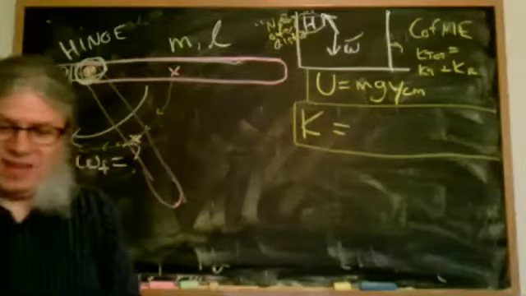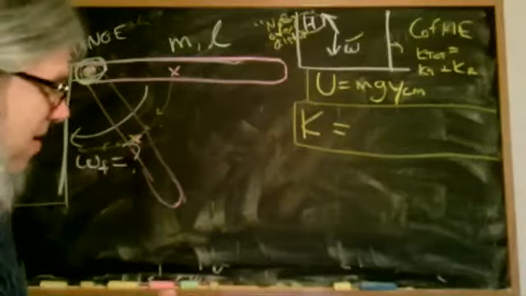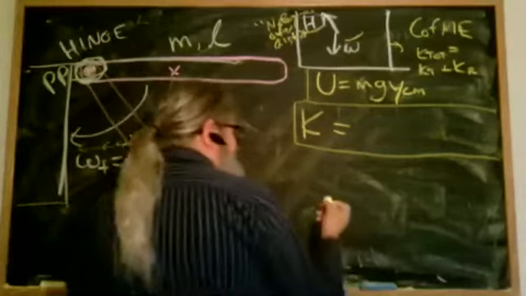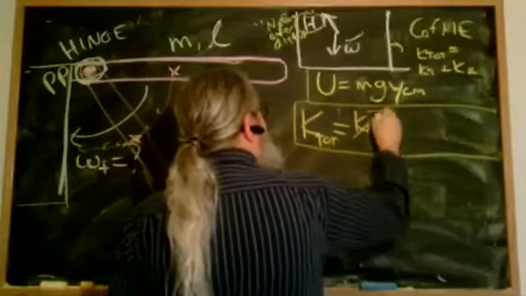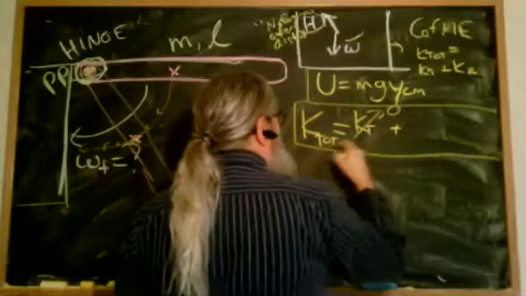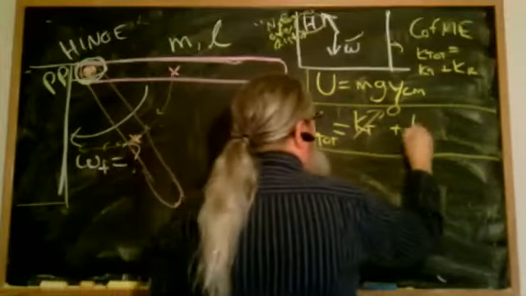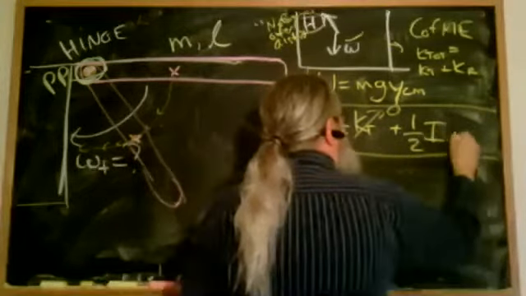Okay, so it's a subtle thing. So in other words, we're going to argue that in this case, the total kinetic energy is equal to the translational kinetic energy, which we set to 0, plus the purely rotational part, which is 1/2 times I times omega squared.